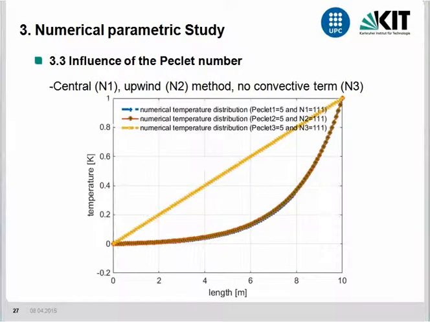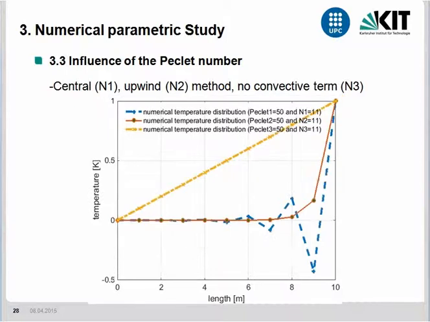In part 3.3, the influence of the Péclet number will be shown and analyzed. Notice that the Péclet number gives a measure of the ratio of convective effects to the diffusive ones. At Pe equal to 5, 0.1 or -3, the solutions give a good approximation to the exact results, and thereby they are satisfactory.